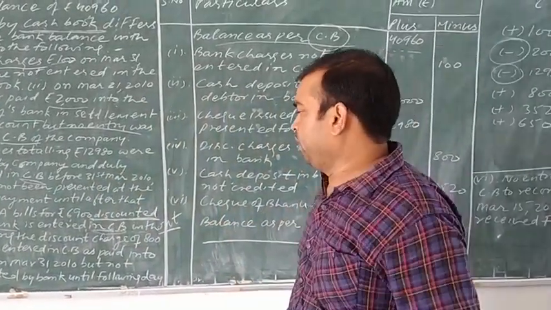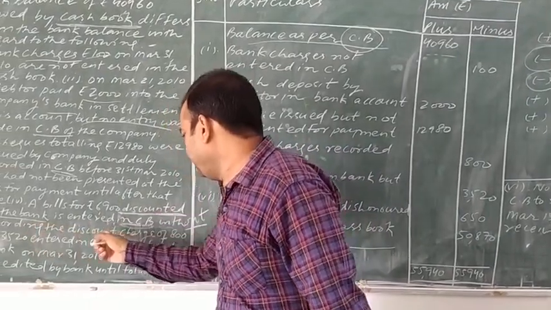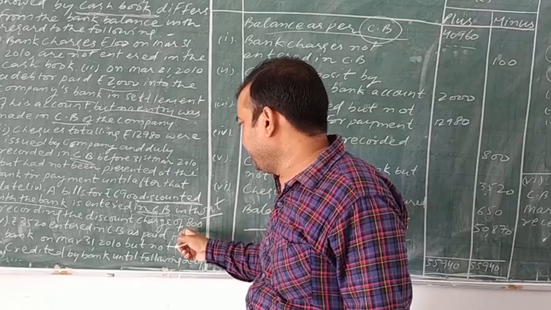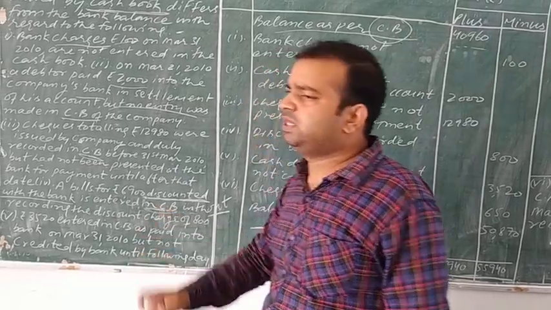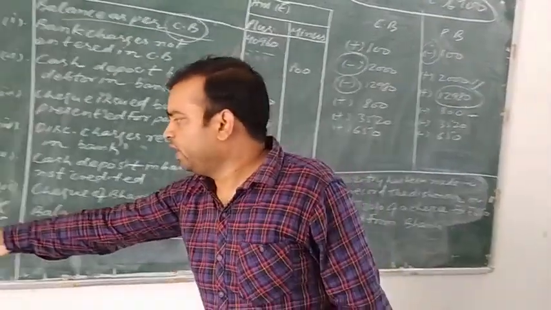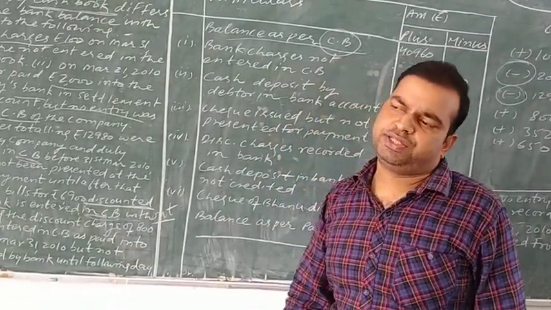Okay, right, but only the error was this 800 rupees was not entered in the cash book. Okay, right, discounting charges.